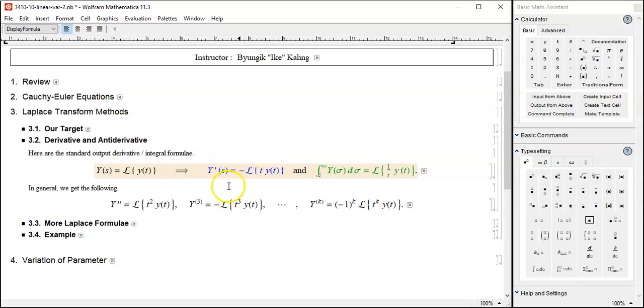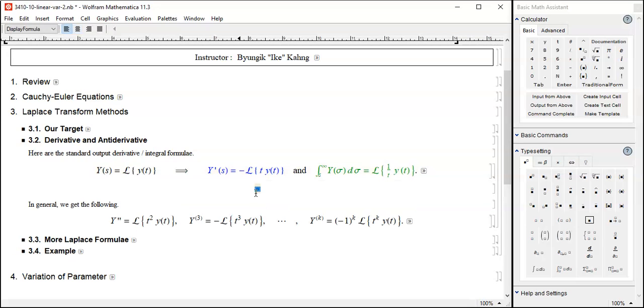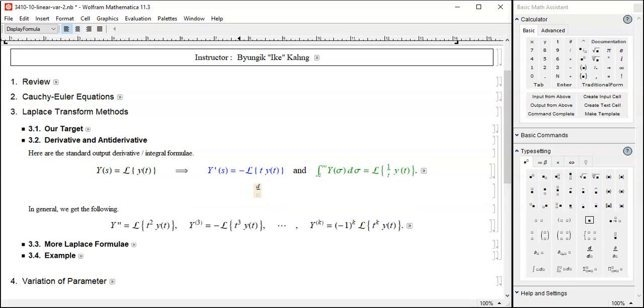Now, what does this formula tell us? The derivative of the output function, the Laplace transform, turns out to be the Laplace transform of negative t times y of t. That's what this theorem is talking about. And of course, this negative sign, I can always bring it out. Equivalently speaking, we get something like this.